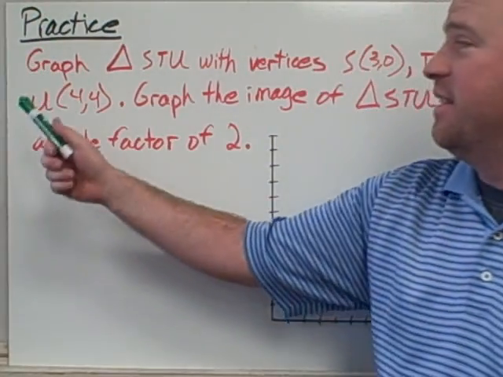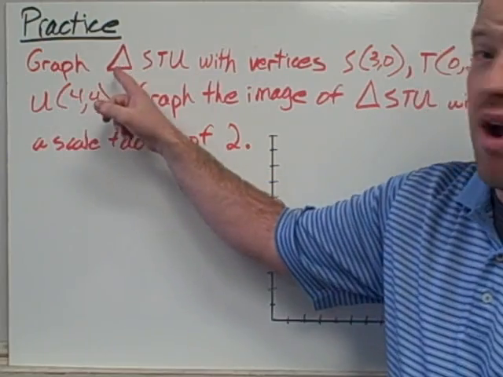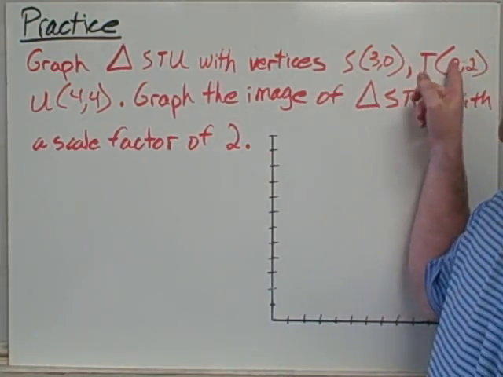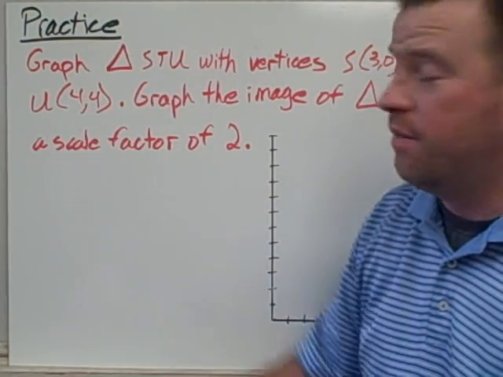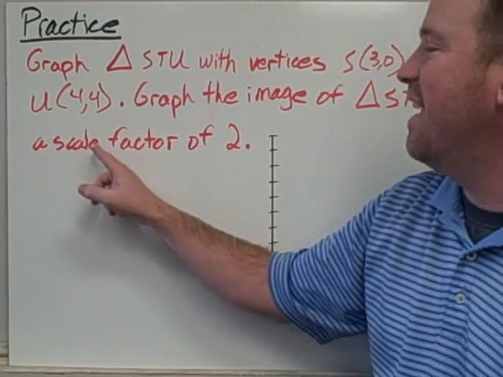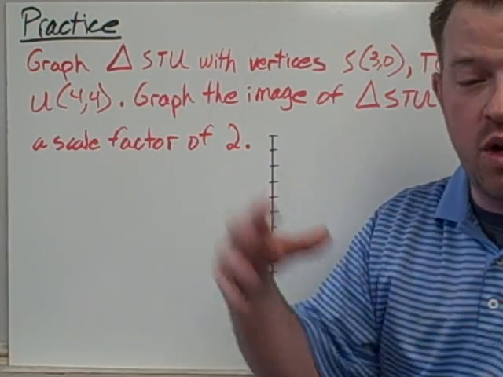This practice says to graph triangle STU with vertices at 3, 0, 0, 2, 4, 4. Then it wants you to graph the image of triangle STU with a scale factor of 2. So we're going to dilate it.